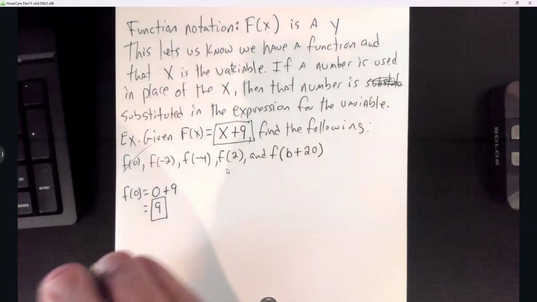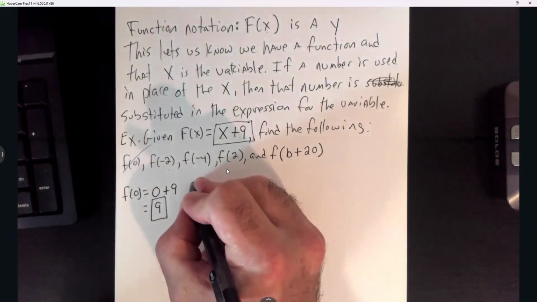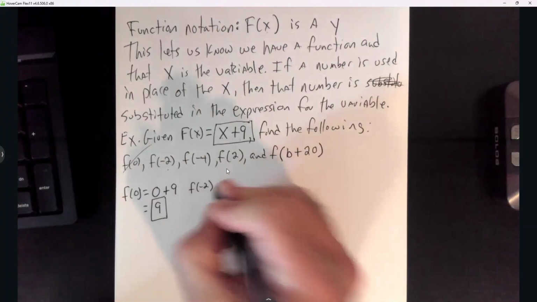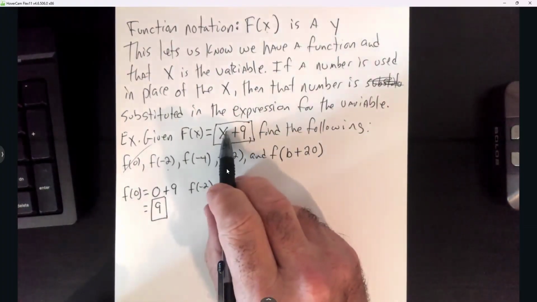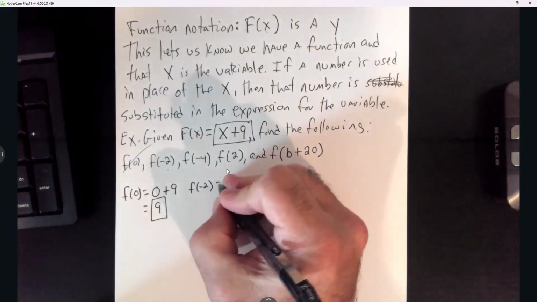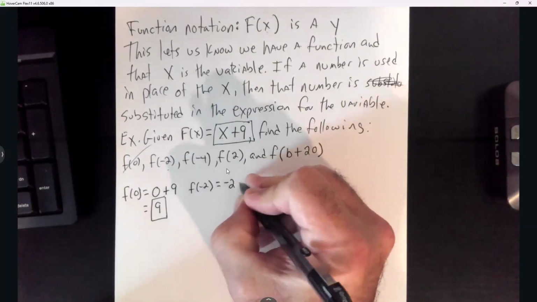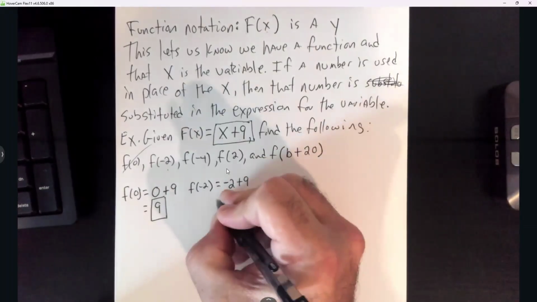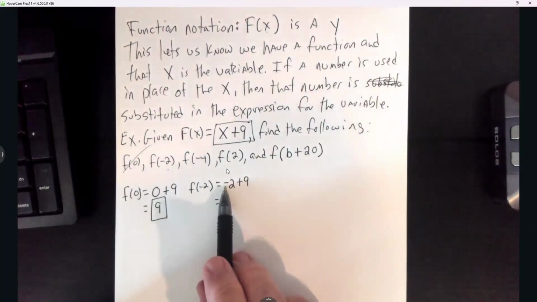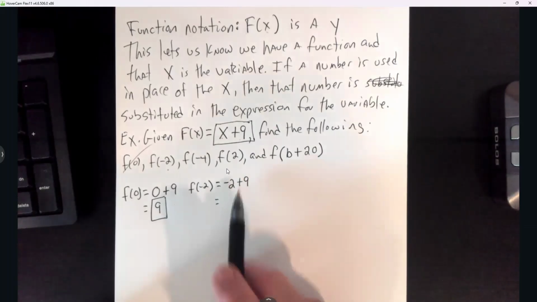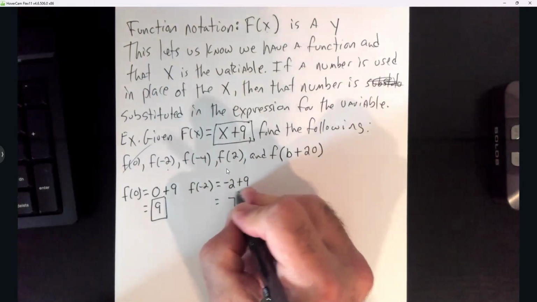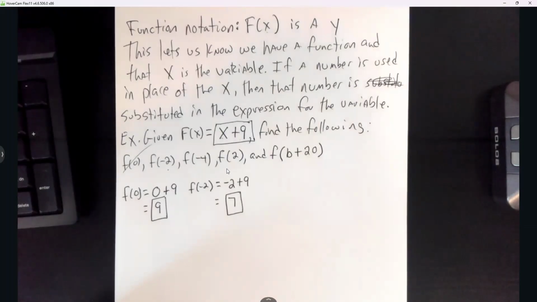I got f of negative 2 next. F of negative 2. Well, y'all, they want me to put a negative 2 in for that x. So that's going to equal negative 2 plus 9. Right, all I do is work this side. Negative 2 plus 9 gives us a positive 7. That takes care of f of negative 2.